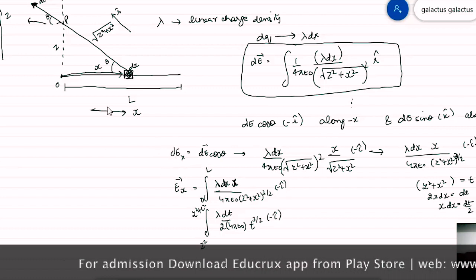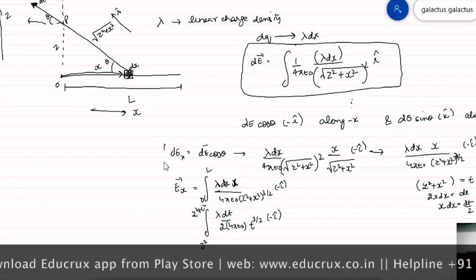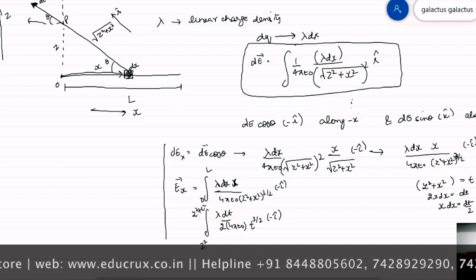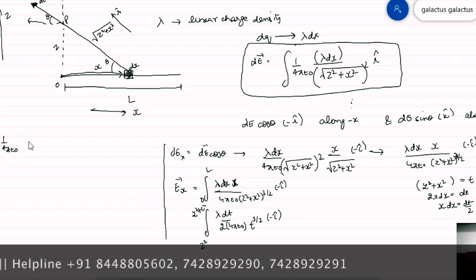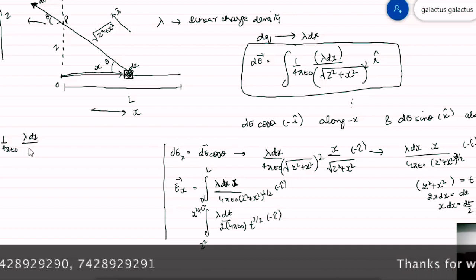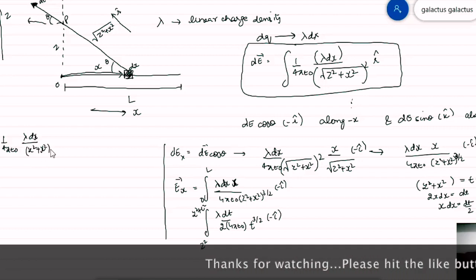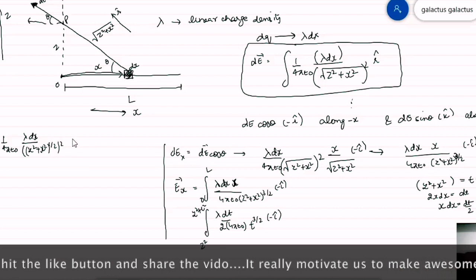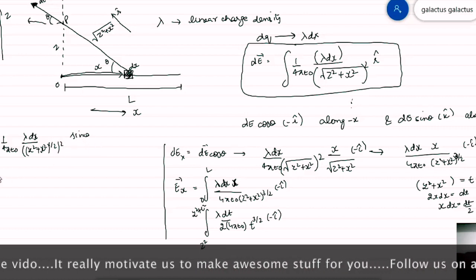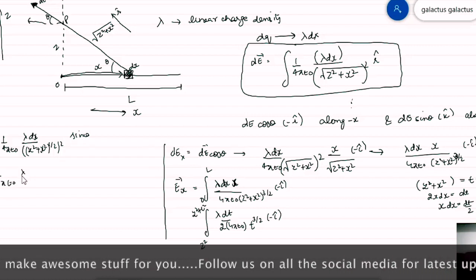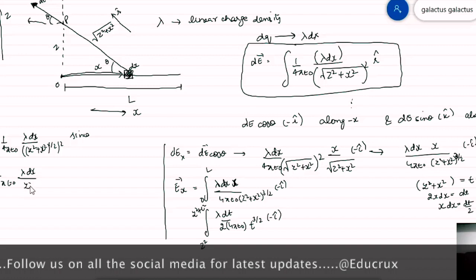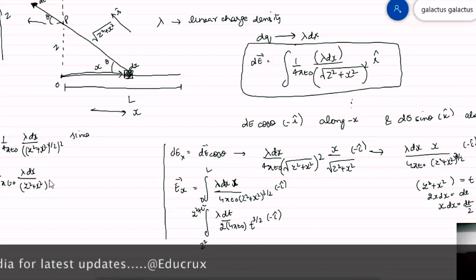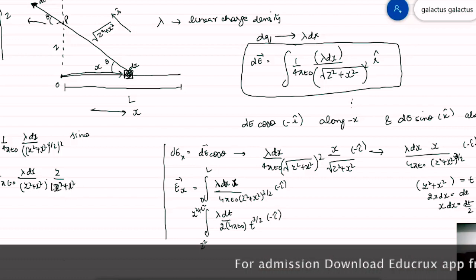Okay, so the vertical component is dEz, which will be equal to 1 by 4 pi epsilon naught lambda dx upon z square plus x square, into sin theta, and sin theta can be replaced by z upon z square plus x square to the power 1 by 2.